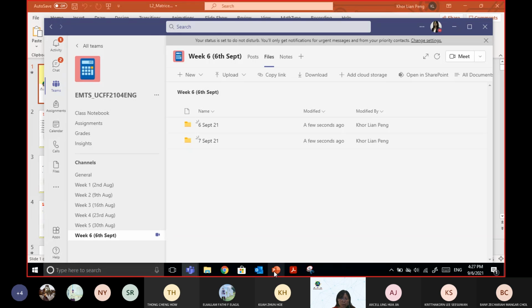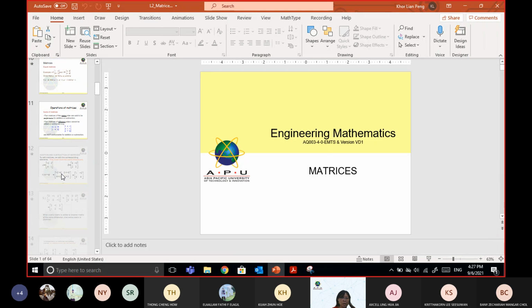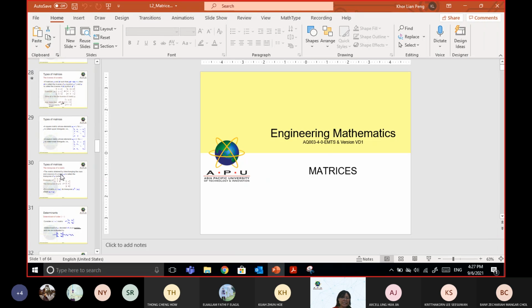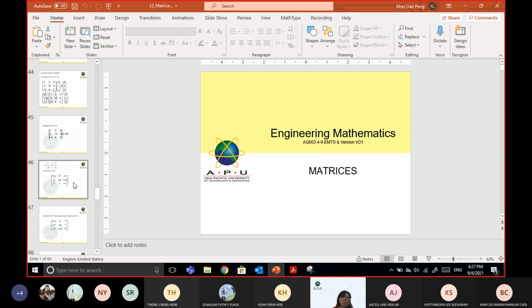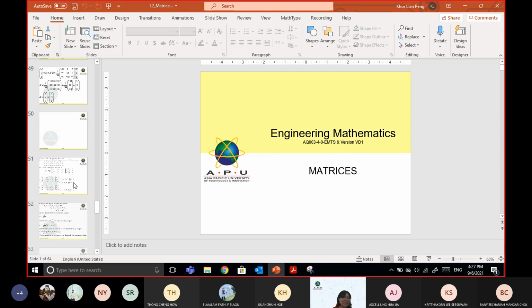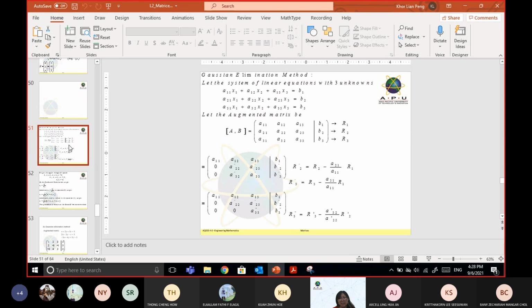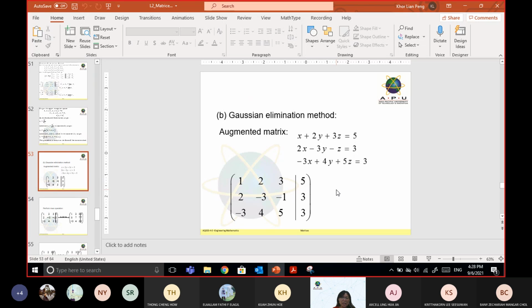Then what we're going to go through tomorrow. Remember, as I say, solving simultaneous equation, there are 3 methods. You have already done the first method, which requires a lot of calculation. Tomorrow we'll go through the second method, which is the Gaussian elimination method, using elementary row operations to solve it.